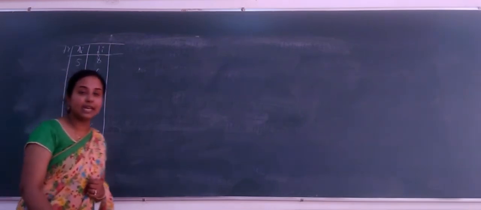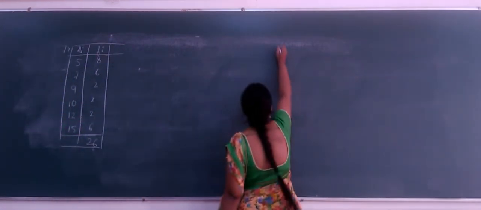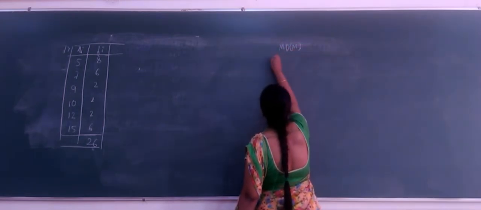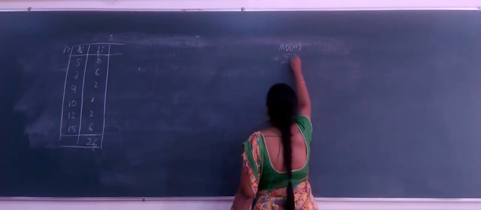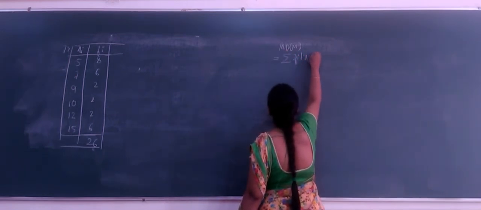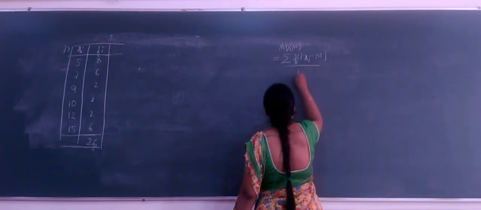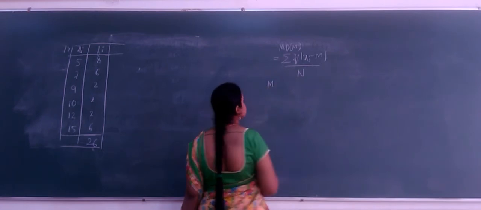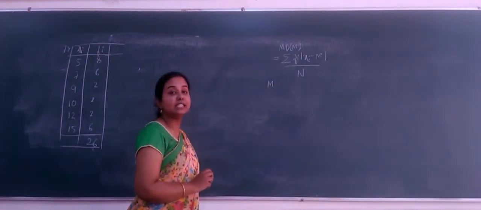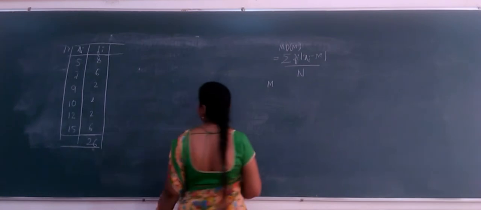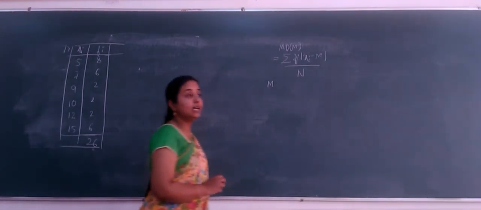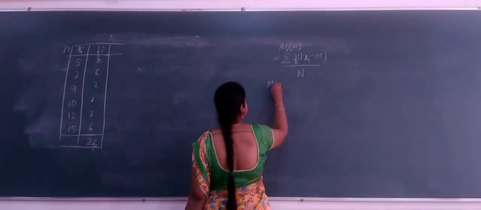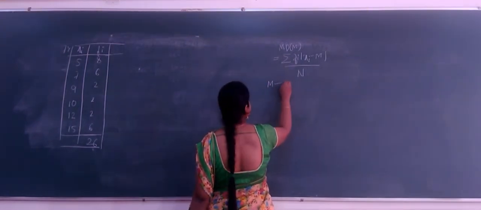Mean deviation about median, that is M, is always equal to the sum of fi into modulus of xi minus M divided by capital N, and the median depends upon whether n is even or odd. Here also it all depends upon the cumulative frequency. That is, if the median is, in our case, what is the median?